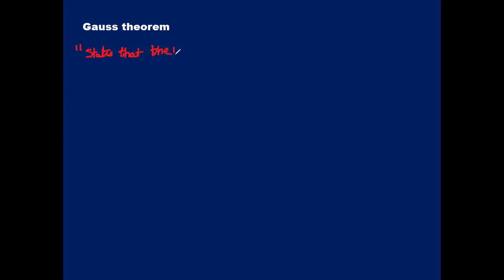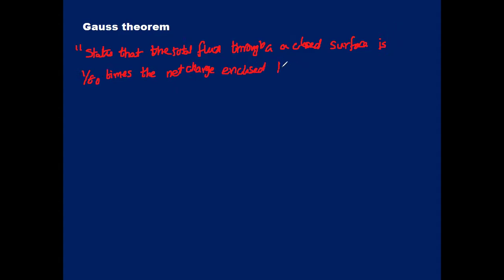The total flux through a closed surface is 1 by epsilon naught times the net charge enclosed by the closed surface.